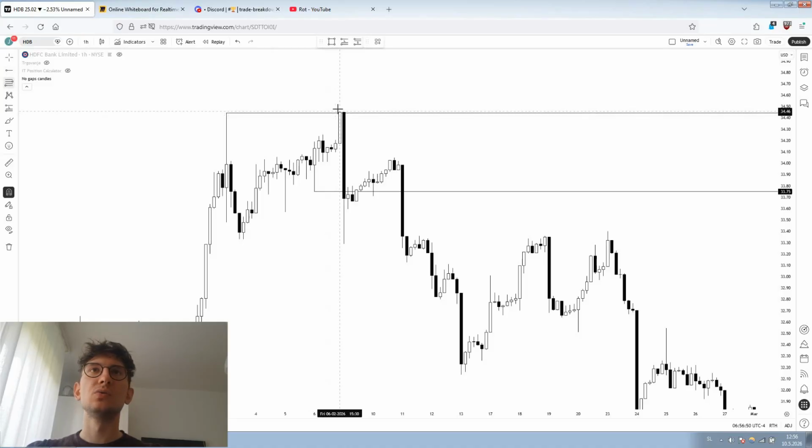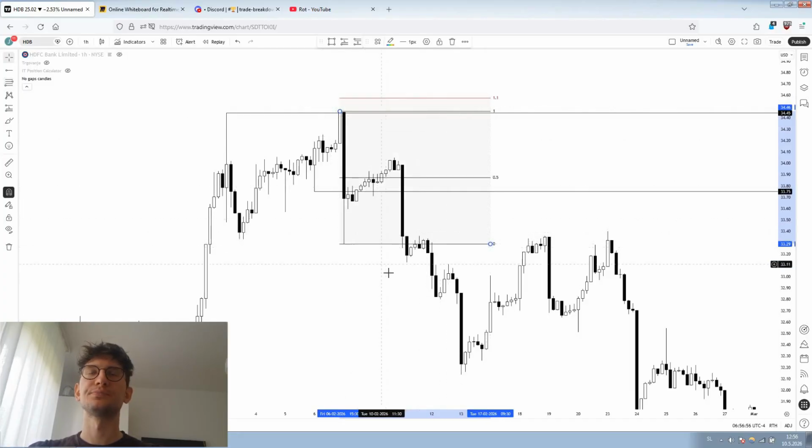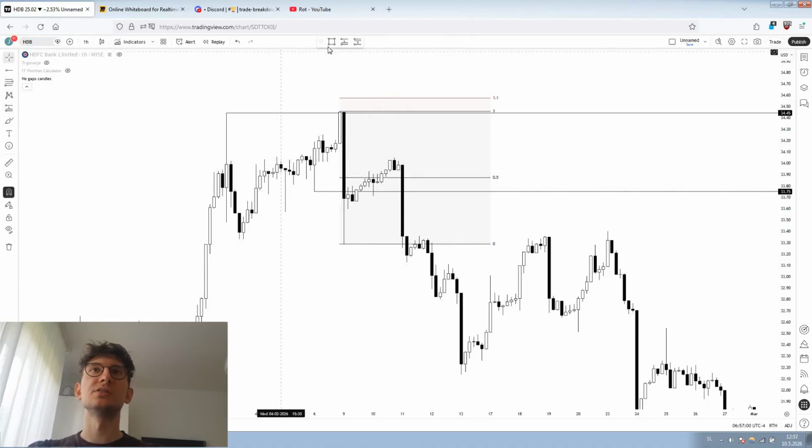Then what do we do? We draw an equilibrium from the most recent high to the most recent low, which is over here. You can see in this example the price went above 0.5 on equilibrium. Basically it went into the premium zone. It also went slightly above the middle point of the bearish fair value gap.